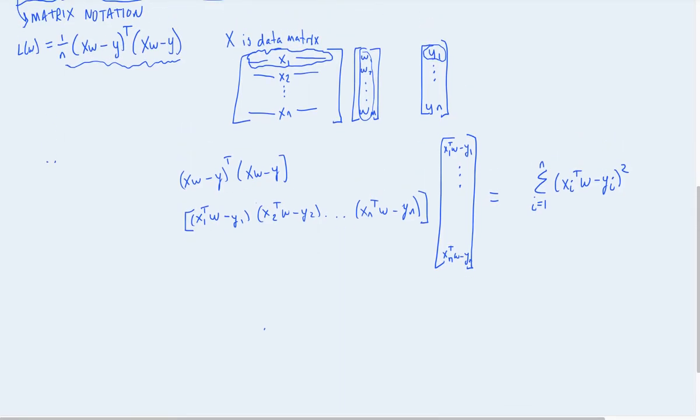And so now that we have written our loss function in terms of matrices, now that we're thinking about matrices, let's take a minute to think about linear regression from a geometric standpoint.